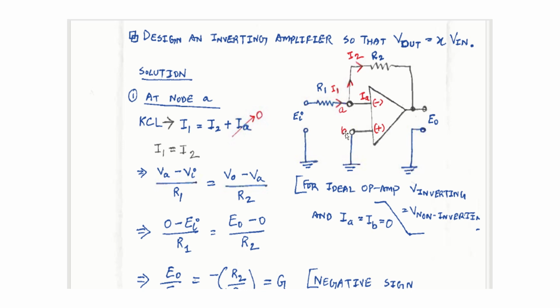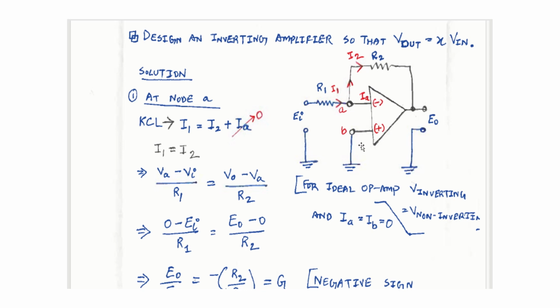So voltage at point A is equal to voltage at point B. And we also assume that the negative in and positive in is kind of shorted, so the current is also the same, IA equals IB, and the impedance of the amplifier is very high, so there's no current. Actually, there's a very small amount of current goes through, but we're going to assume that the current going through the amplifier is 0.